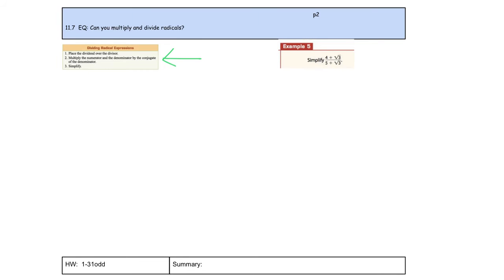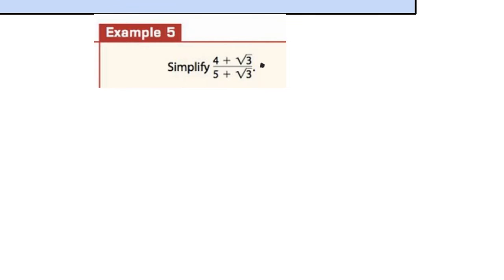So look at this. We're going to multiply this by 1. So the 1 we are going to multiply by in this problem is going to be the opposite of what is actually sitting in that denominator. So in that denominator is 5 plus the square root of 3. The opposite of that is something we call the conjugate of the denominator.